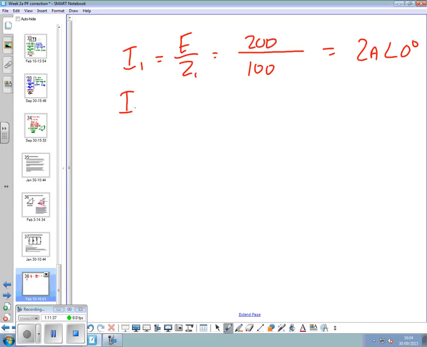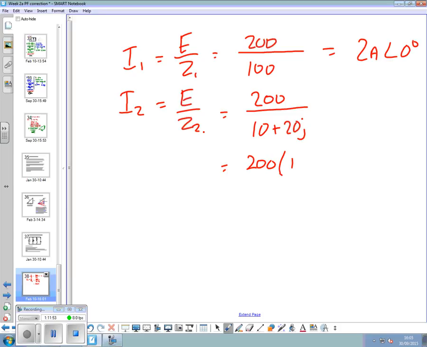I2 is E over Z2. That's 200 over 10 plus 20J. That comes out at 200 times (10 minus 20J) over 500. Please check my figures just in case. I think they're all right.